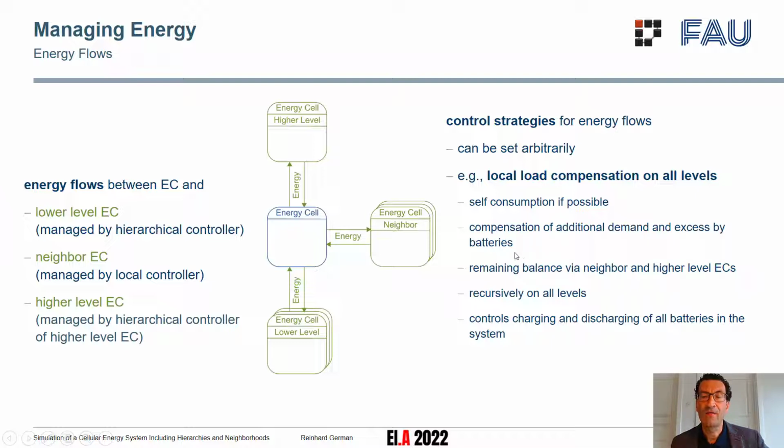And if it is not possible to get a balance, the remaining balance must then be resolved via neighbor and higher level energy cells. And that is not just done on one level, that is done recursively over all levels. And in the end, that leads to the control of charging and discharging of all batteries in the system, if we don't have controllable loads.